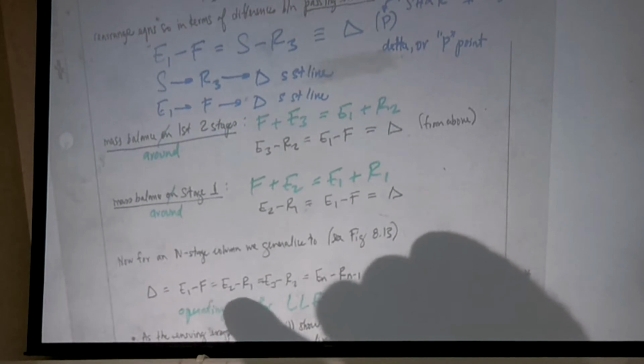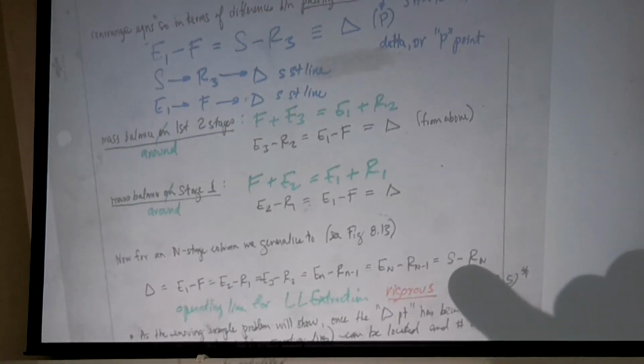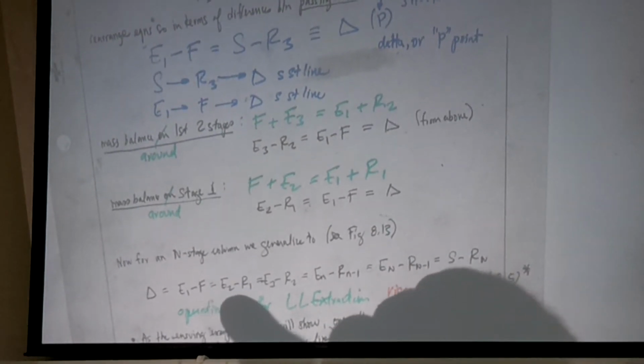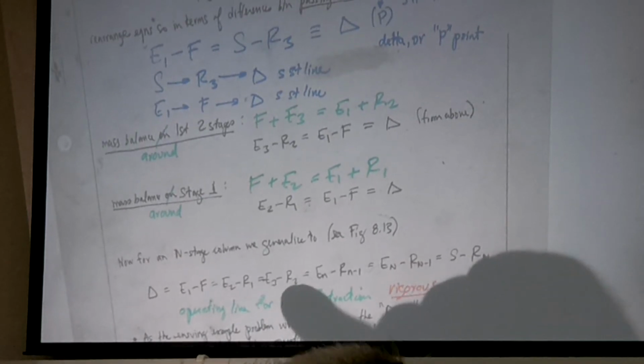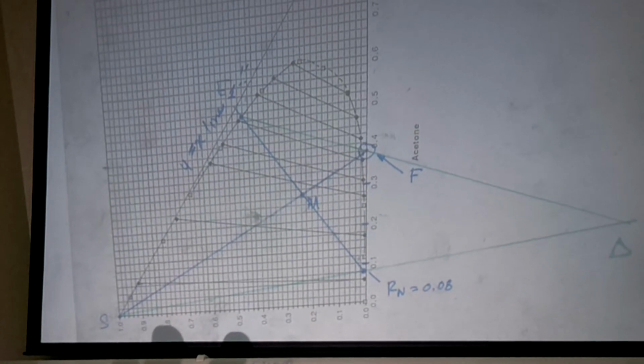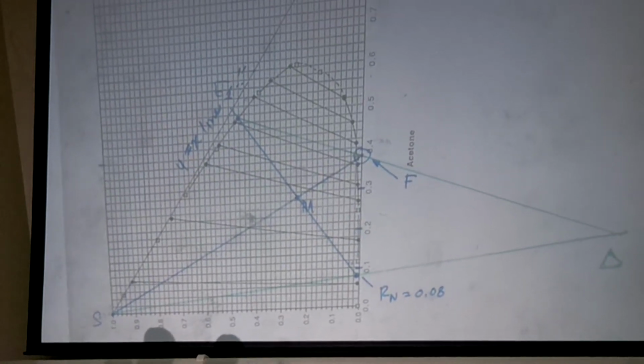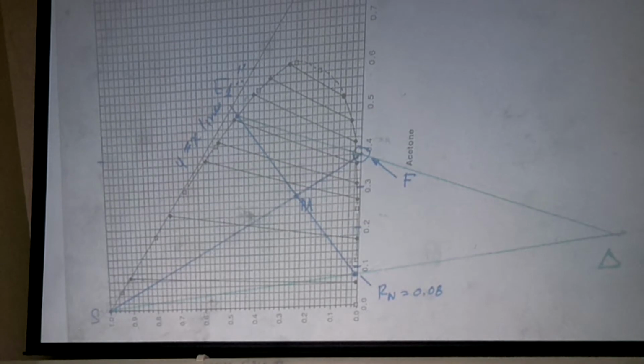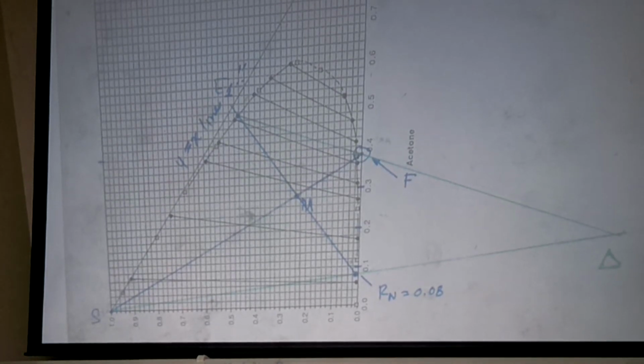So delta is En minus R1, E1 minus F, S minus Rn, E2 minus R1, E3 minus R2, etc. So notice what we do now. How do we find R1?